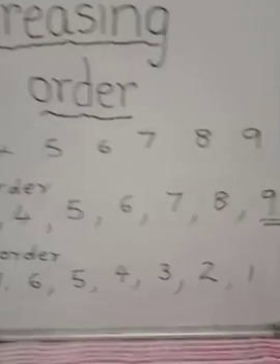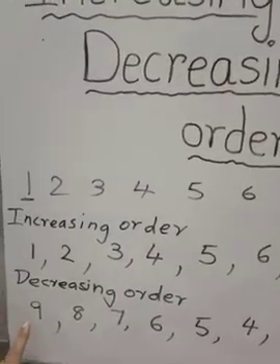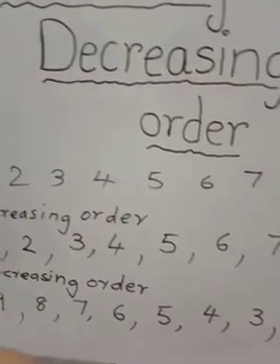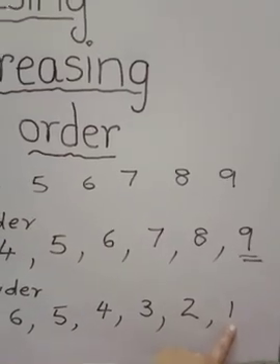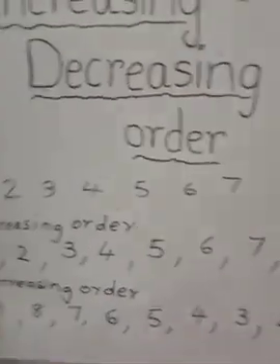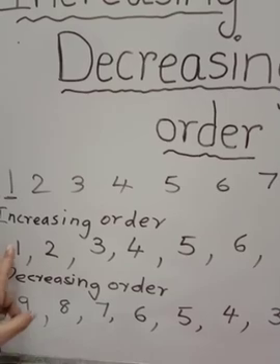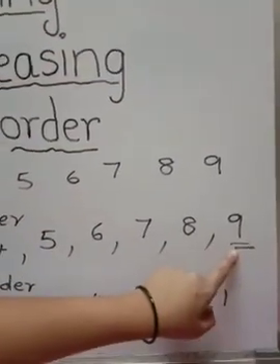So decreasing order starts from the biggest number and ends with the smallest number. Increasing order starts with the smallest number and ends with the biggest number.